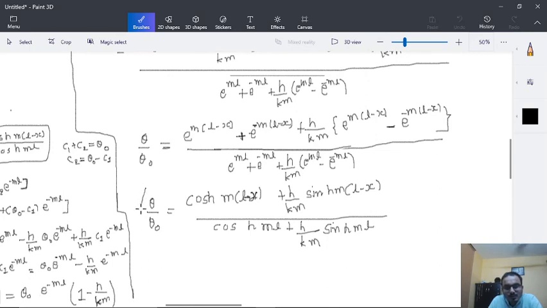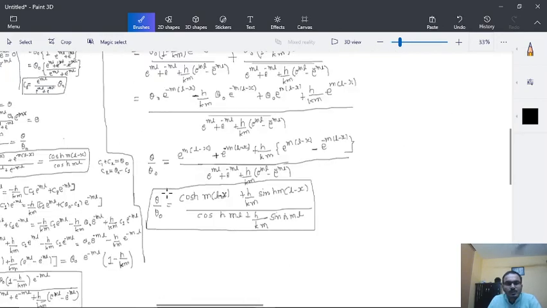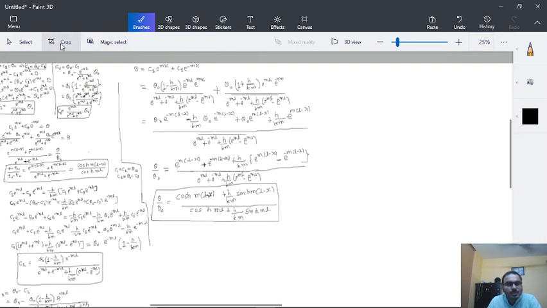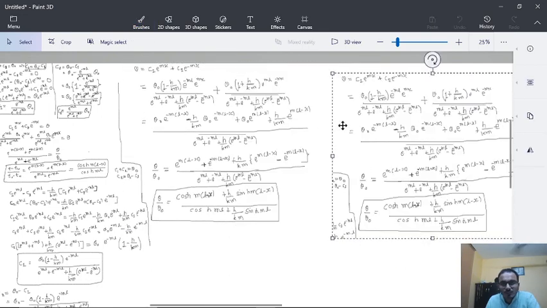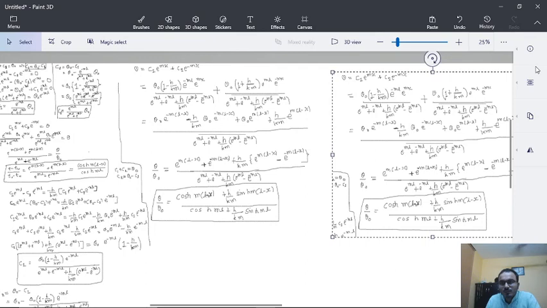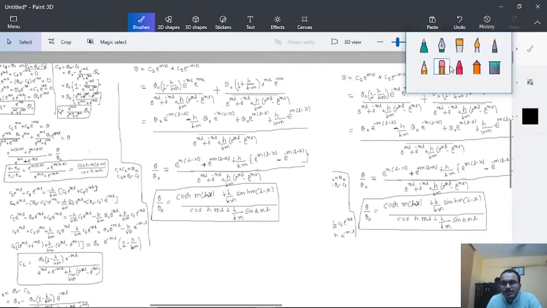So this is our temperature profile when the fin is losing heat at the tip. So we can copy this portion, and let me erase this unnecessary part.